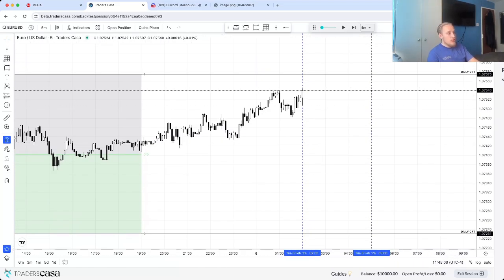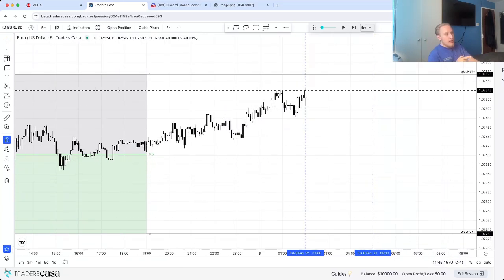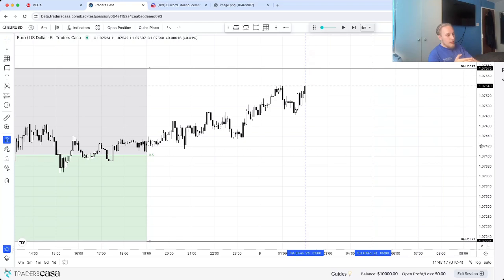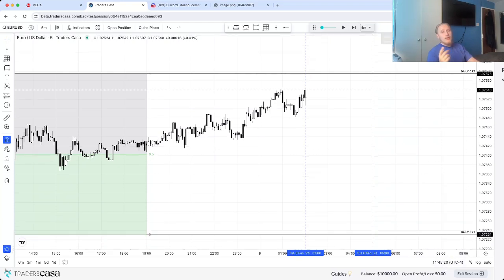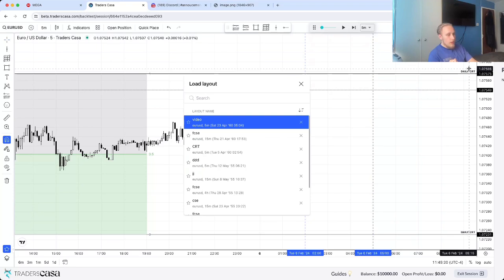Now, if you are on TradersCasa, 2 things to note. Change the time zone because you forget. It's not like TradingView or FX Replay where it saves. The reason being, this does not save. It says it saves. It doesn't save. Oh my god, wait. Is that why?